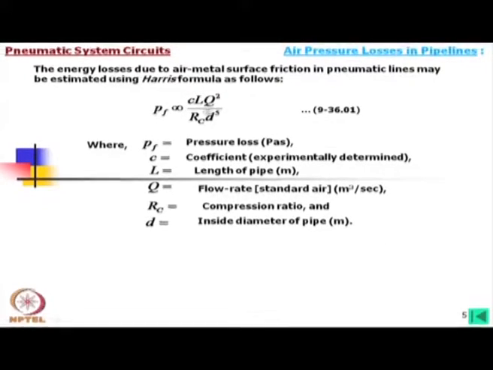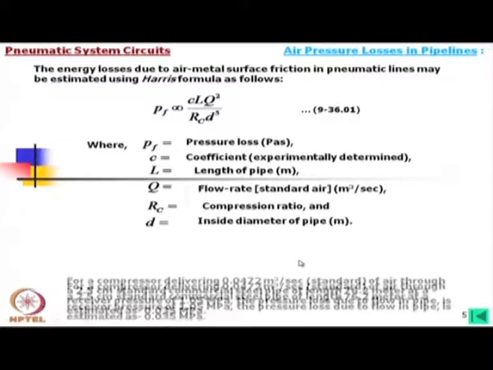L is the length of the pipe, Q is the flow rate through that conduit in meter cube per second, again standard air, that means air at some standard pressure and temperature mentioned. RC is the compression ratio of the system, D is the inside diameter of the pipe.